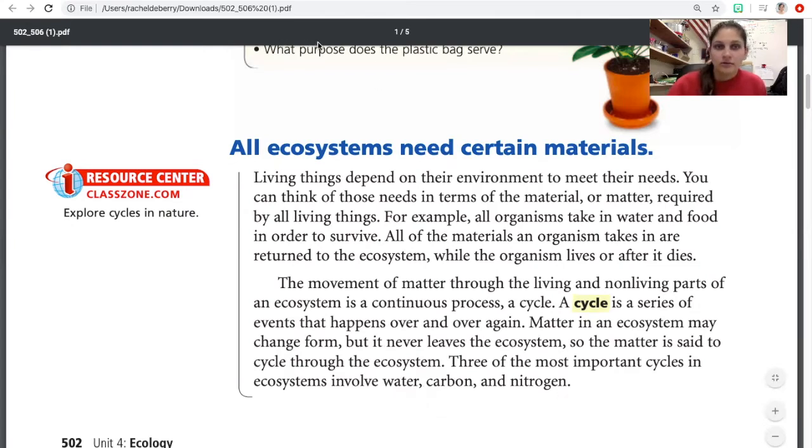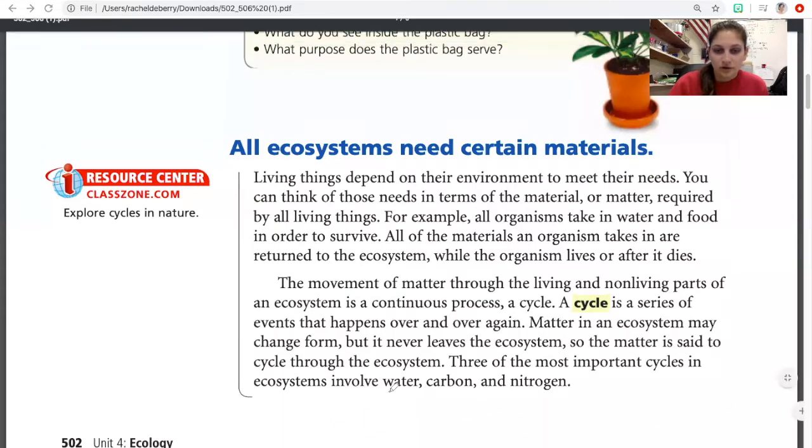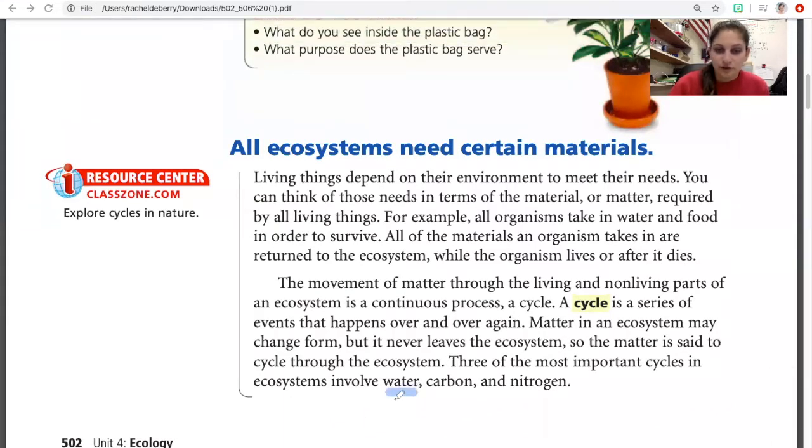So here, water, we know about the water cycle. So that's something that at this point you should be very comfortable with. We know that water falls from clouds. It's not a very pretty cloud. It rains, and then that rain is going to evaporate and then condense into the cloud. We got that.